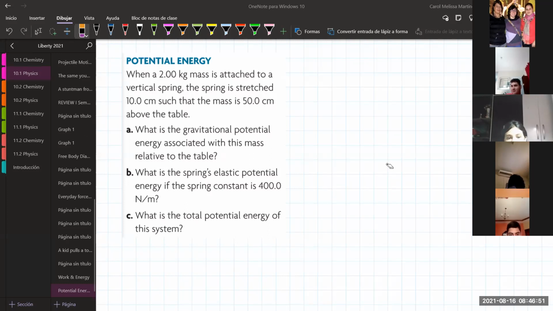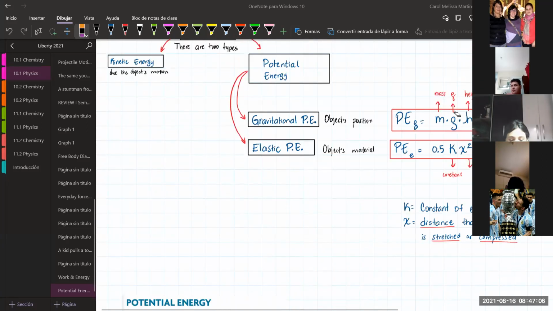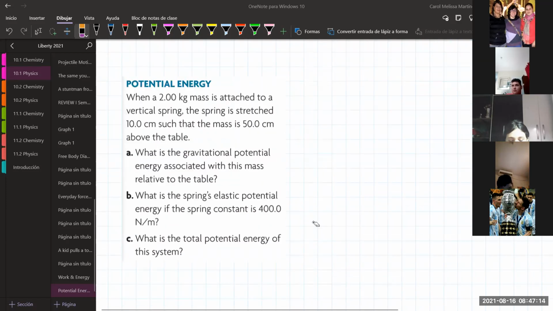Okay, thank you, Fred. So, with this kind of problems, the first thing that we need to do is to know how to gather the information. So these are the two equations that we are using. So that means that we need to gather this data from the word problem.